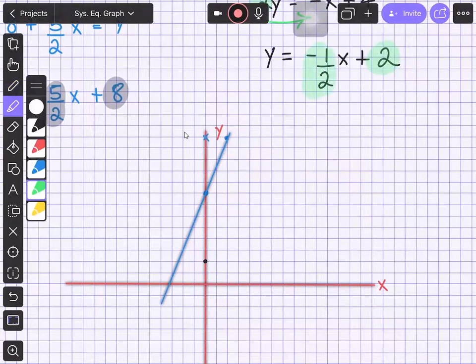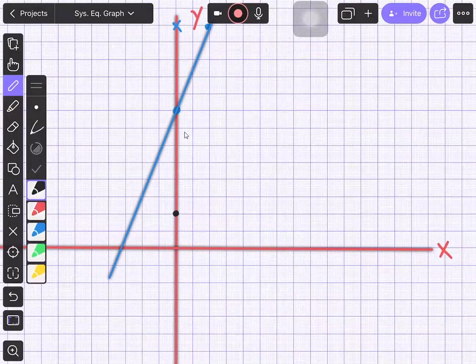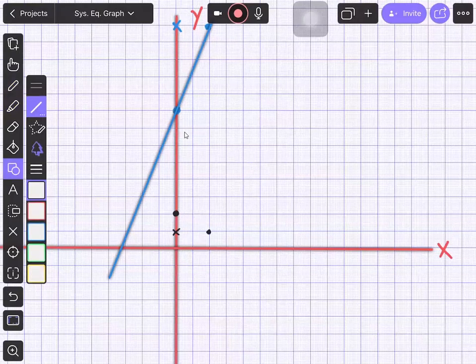In this case, it's negative, so that means that we will have to go downwards 1 unit and then 2 units to the right. So 1 unit downwards, 2 units to the right. Here we are.